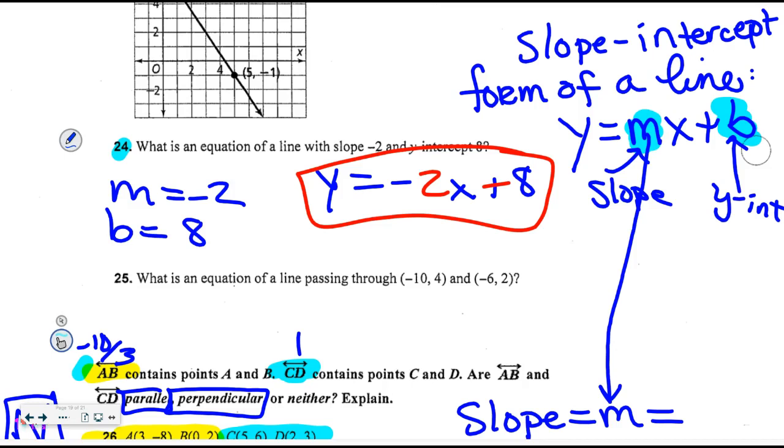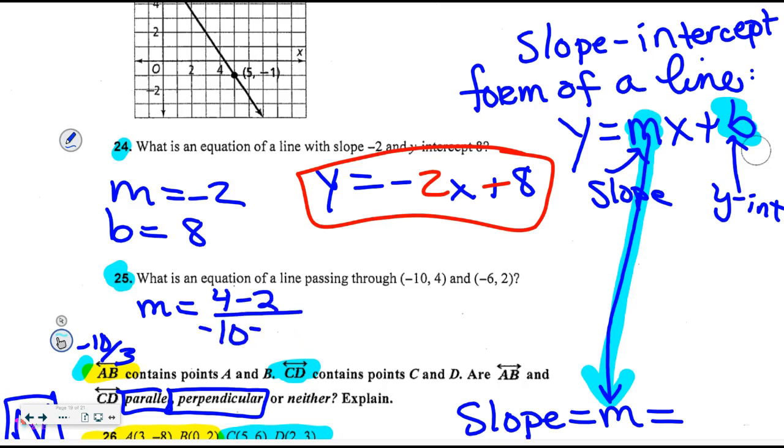right? 25, they didn't give me either one. So what I need to do is go find the slope. So you're going to follow your arrow to here. And what are you going to do to figure out what the slope is? Subtract the y's. So you're going to go 4 minus 2 over, and you're going to subtract the x's. Negative 10 minus negative 6.